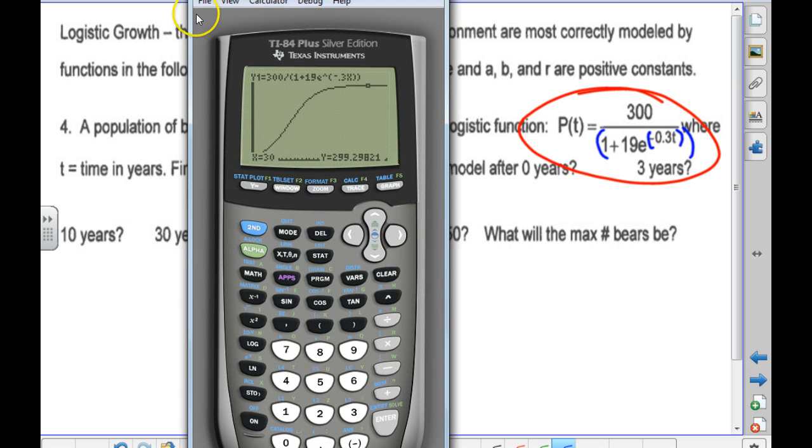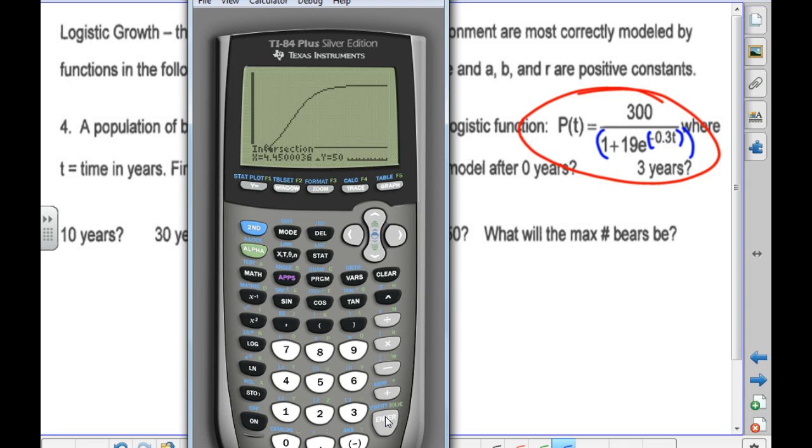And then it said, when will the bear population be 50? So the number of bears is y, so I'm going to put in a y equals 50 line and then find that intersection to figure out when the bears will be at exactly 50 bears or roughly 50 bears. I got about 4.5 years.